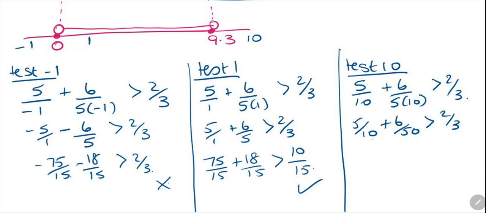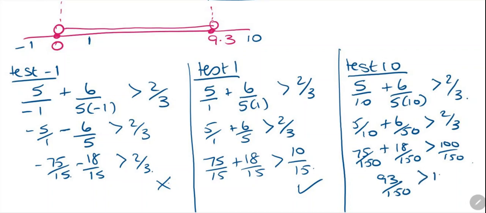So this is going to be times 15, so that's 75/150, 18/150, and 50 times 2 is 100/150. So 93/150 is not greater, so that doesn't work.